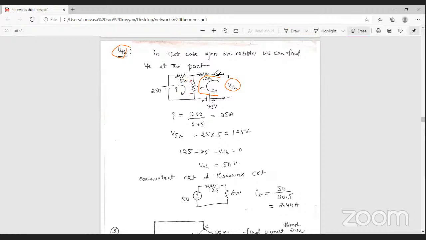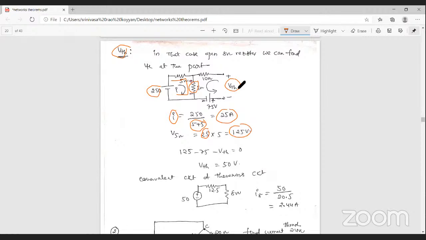To find the current in the closed loop path, I is equal to total voltage by total resistance, that is 5 plus 5, which is 10. 250 by 10 is equal to 25 amperes. So the current is 25 amperes. That's why the voltage across the 5 ohm resistance is 25 into 5, that is 125 volts.